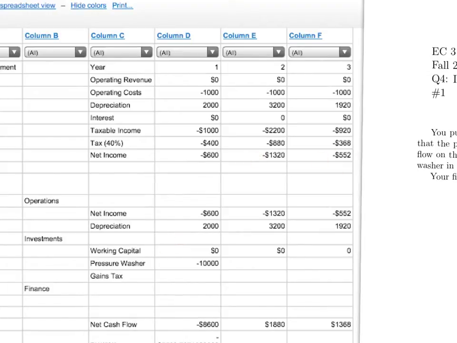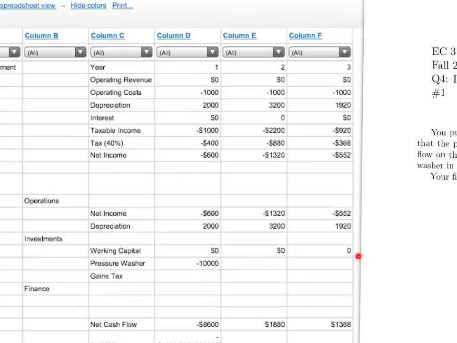The cash flow statement, at the top of it, is just kind of repetition of things that you've already done. So in each case, you're taking the net income and just transferring it right down. And then you're going back and grabbing the depreciation that you had already put in the income statement and transferring it down too. The reason is that depreciation is just that wacky expense that is not a check that you wrote to anybody. So while it is an expense, you still have the cash on hand, so we add it back in.